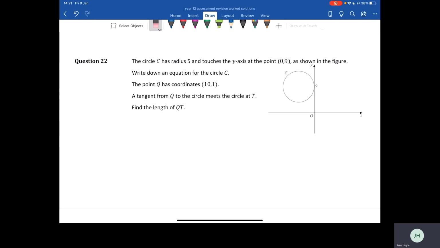But then the point Q has coordinates 10, 0, which is there. A tangent from Q meets the circle at T. Find the length of QT. So that second part is a little bit more complicated. But let's deal with this equation first.